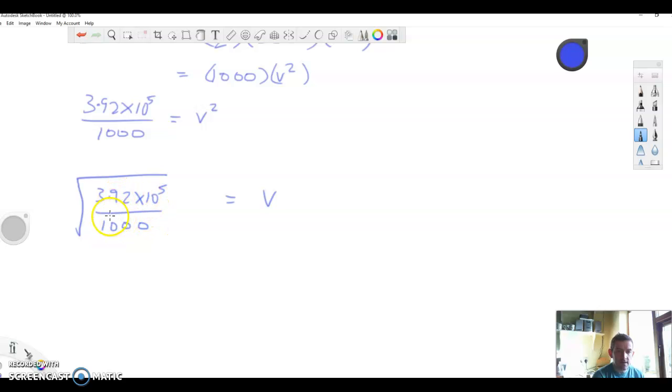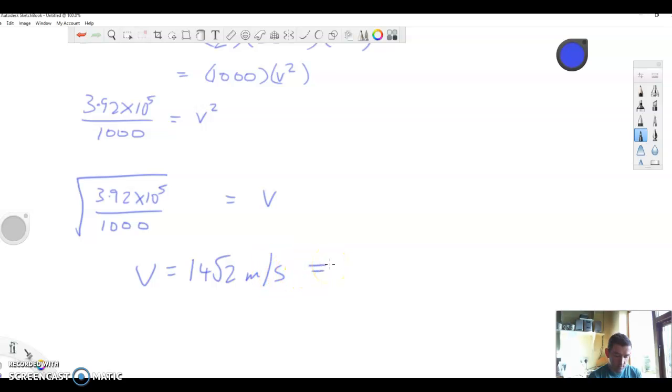So carefully put that into the calculator. First select the square root key, then the fraction key. On top we have 3.92 by 10 to the 5, downstairs we have 1,000, and press equals. And SD there, we get 14 root 2. If you wanted to be fancy, you could say the velocity was 14 root 2 meters per second.